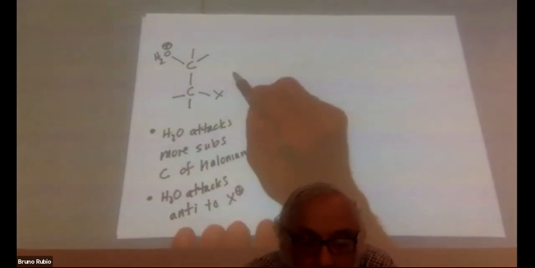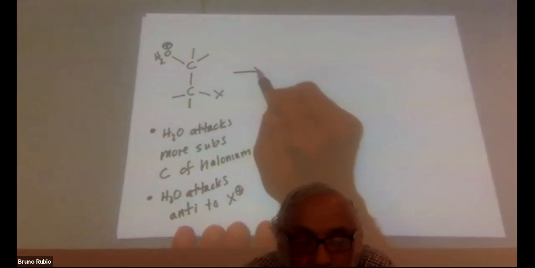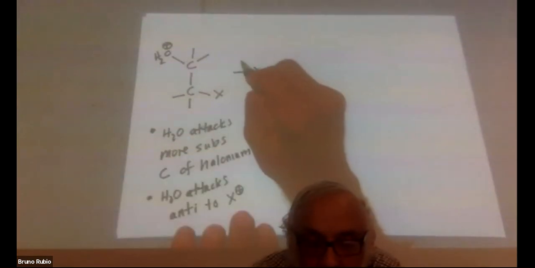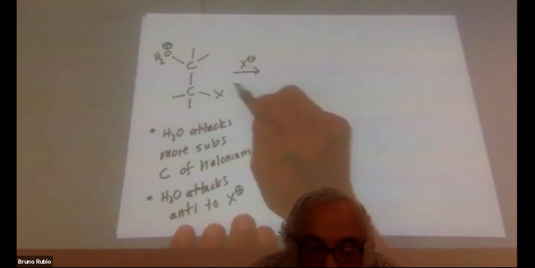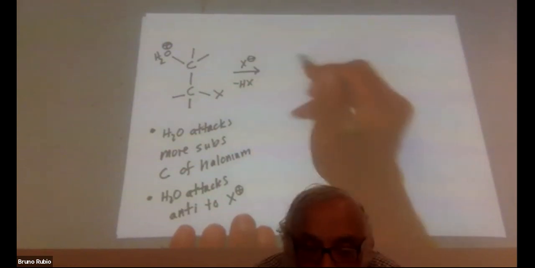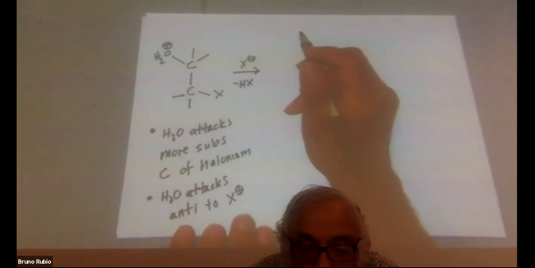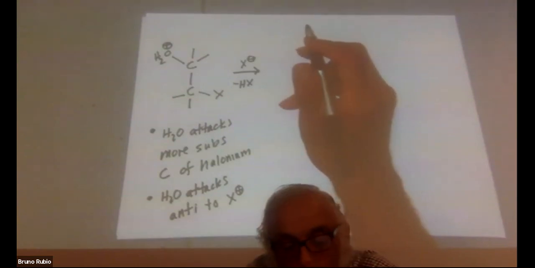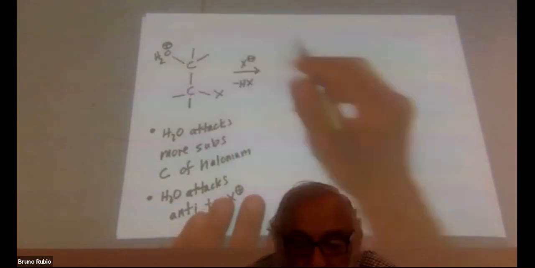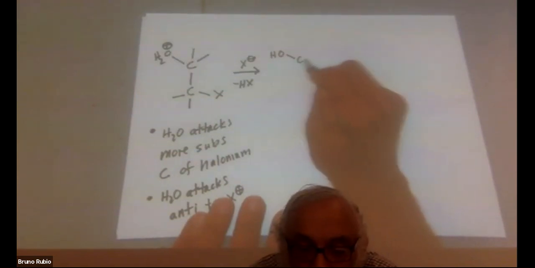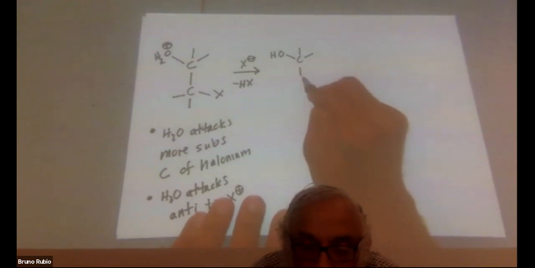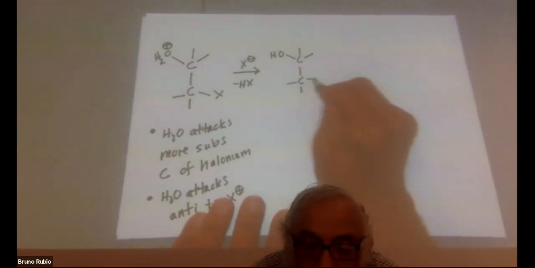Okay, so remember that X minus that was produced in the first step? That comes back in, it functions as a base, and it's going to deprotonate this oxonium ion, and so we get the halohydrin.